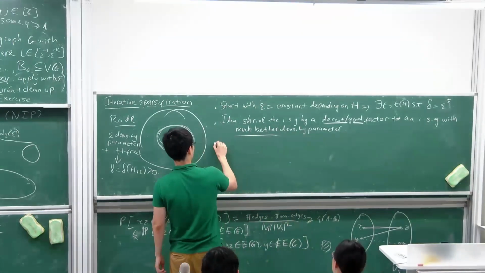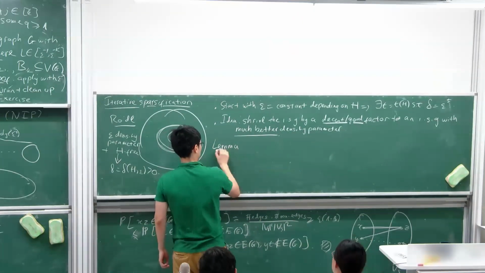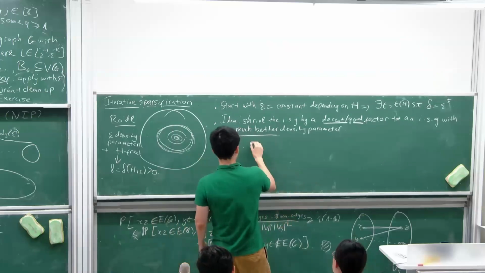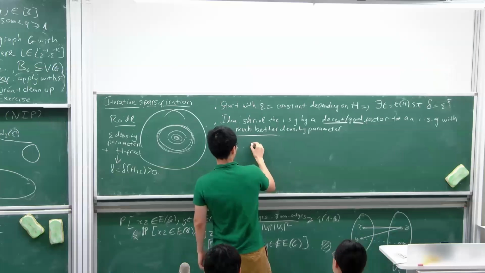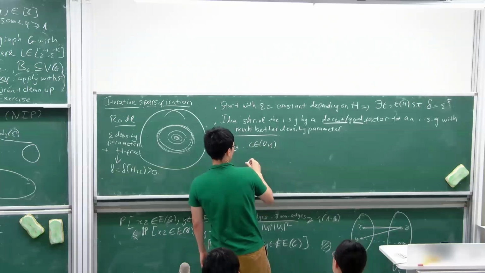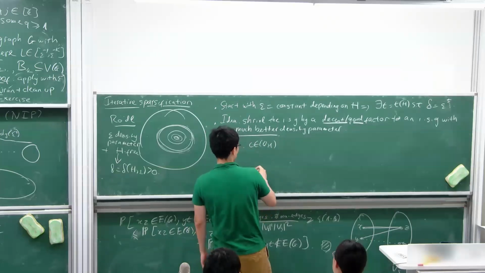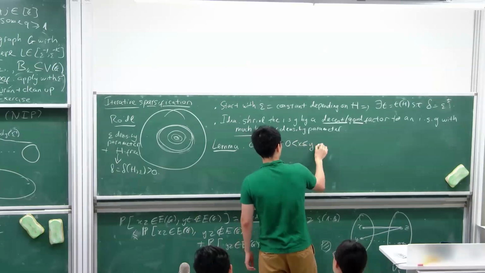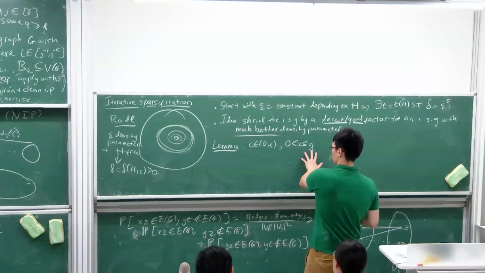So here is the lemma. We have several input variables. First, C is some constant from 0 to 1. X and Y are two variables.